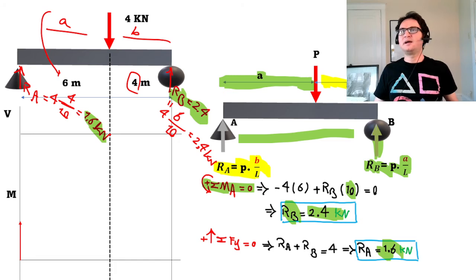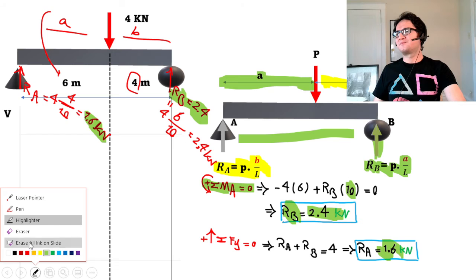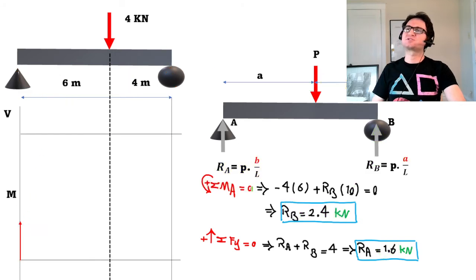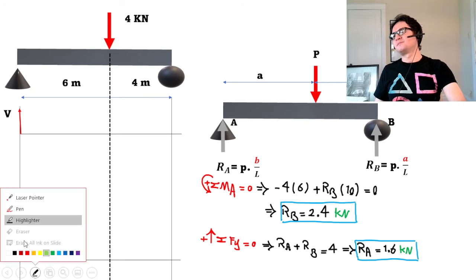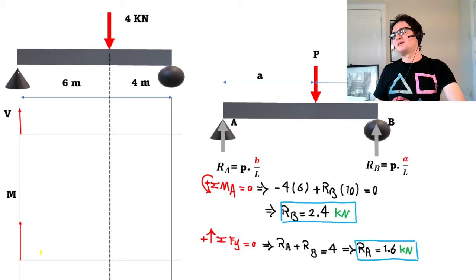And then if you want to draw the shear and moment diagram, let's make it a bit cleaner and just go by shear. At the very beginning of shear, it comes up by the amount of Ra.